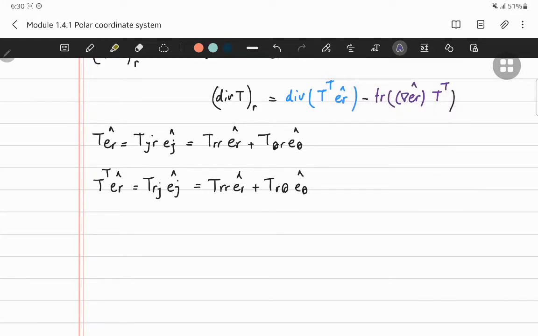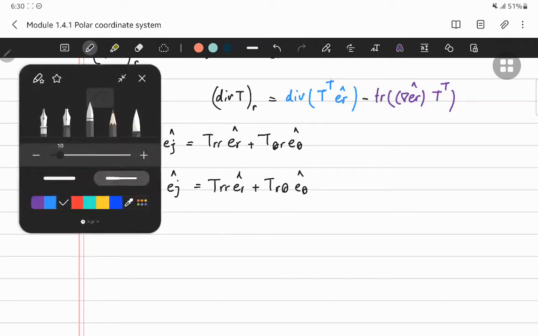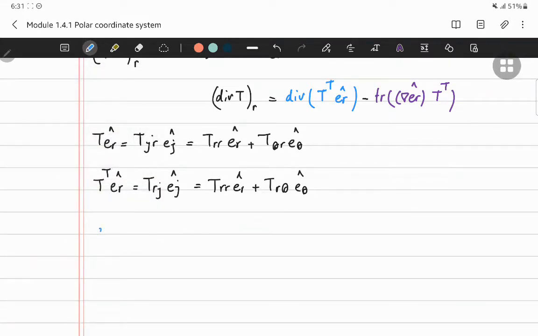Purple for this one. All right. So I start with this blue here. Okay, so we have the divergence of T transpose e_r.